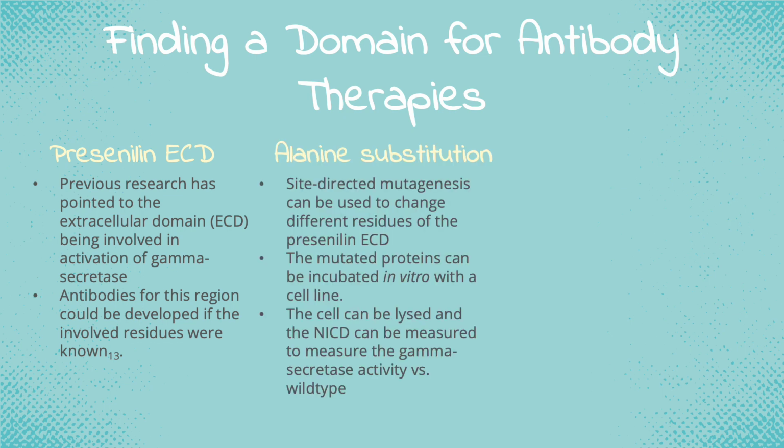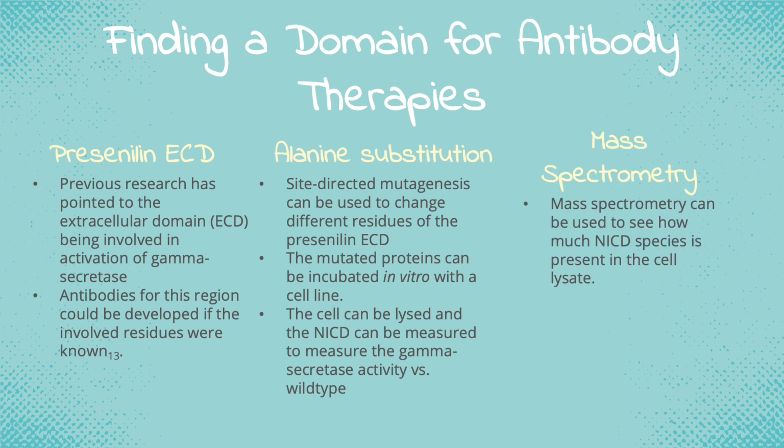So one way to do this is with site-directed mutagenesis by directing them to an alanine substitution of the extracellular domain, incubating them with a cell line, lysing them, and measuring the Notch intracellular domain to measure the gamma-secretase activity. And the reason I say Notch intracellular domain is because it's hard to have an in vitro study of Alzheimer's cells.